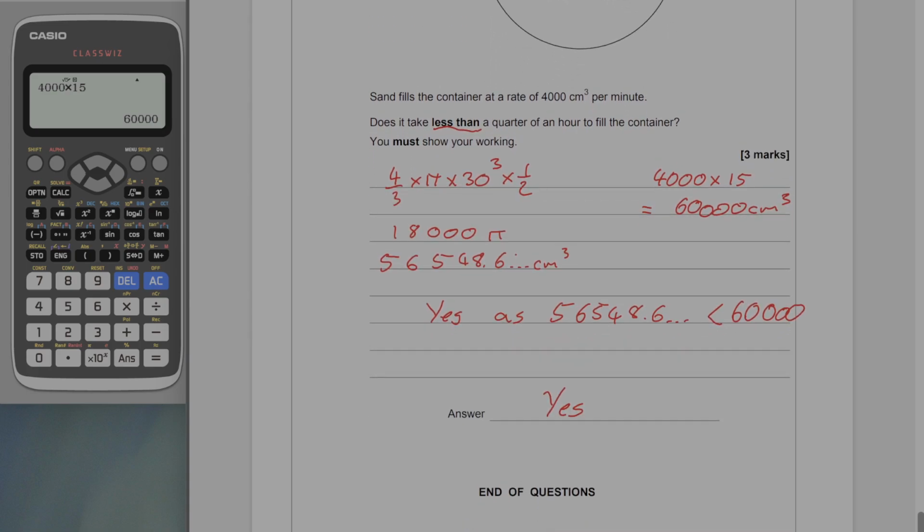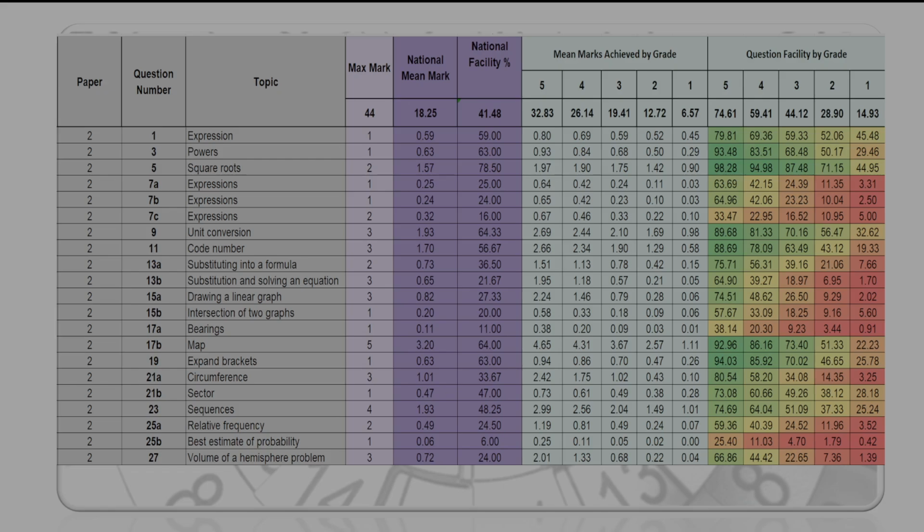And that brings us to the end of the paper. Okay, so again, grade boundaries for that paper are on there. I'm planning to chapter index this video with the topics for your additional revision. Hope you found that useful.